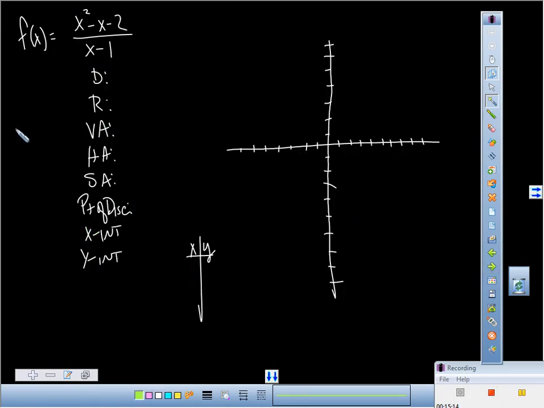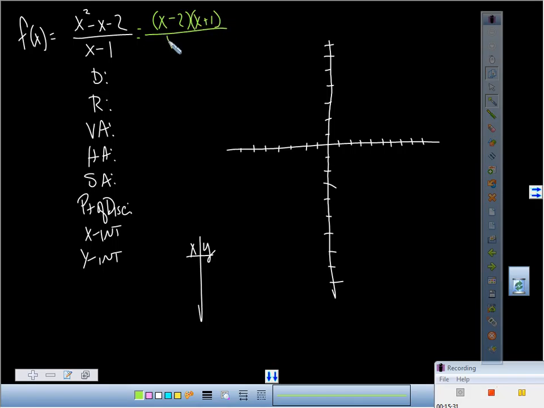Okay, what are you going to do? Factor. What's the top factor into? x minus 2, x plus 1. Okay. The bottom obviously won't factor. Nothing cancels, so what do I know right now?